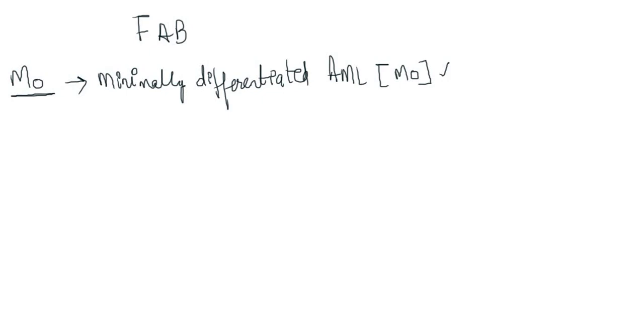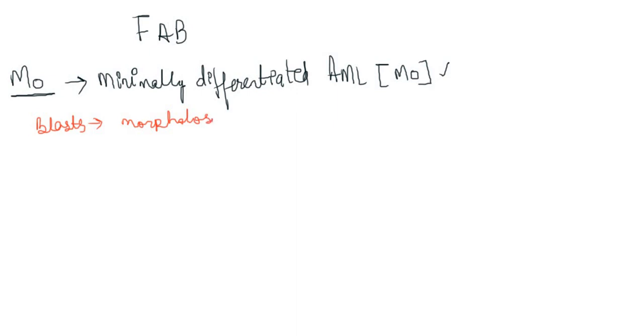So the first subtype is the M0 subtype, and it is also called AML with minimal differentiation or minimally differentiated AML. Now guys, this M0 subtype is called minimally differentiated AML because the blasts in M0 subtype are not even distinguishable or differentiated on the basis of their morphology.